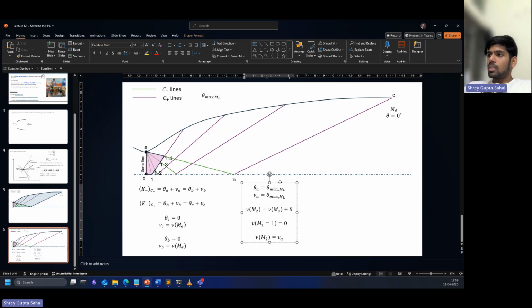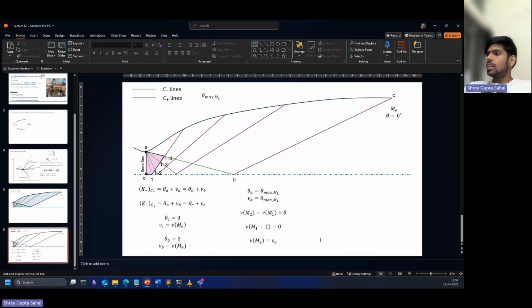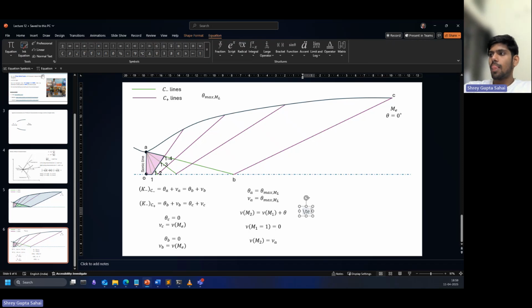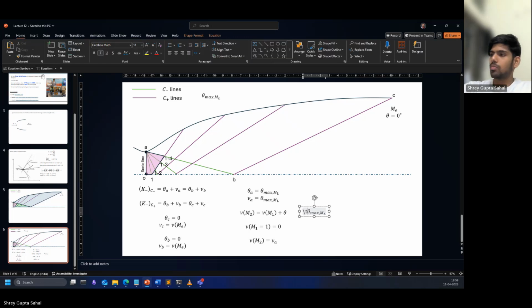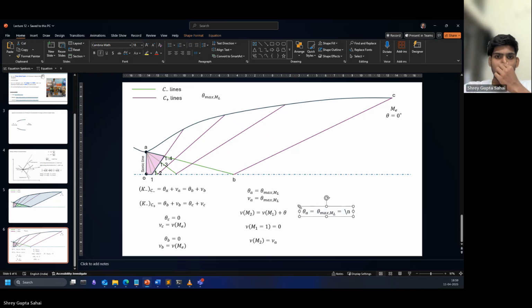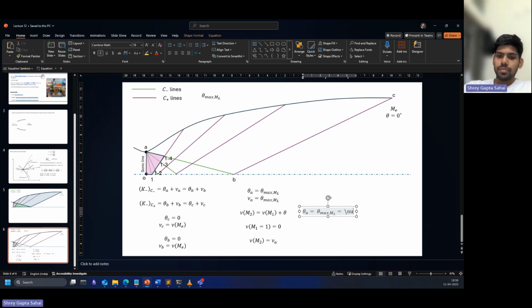From there we get one important thing: a relation for the initial theta a, which is actually nu Me by 2. This is something that we get.